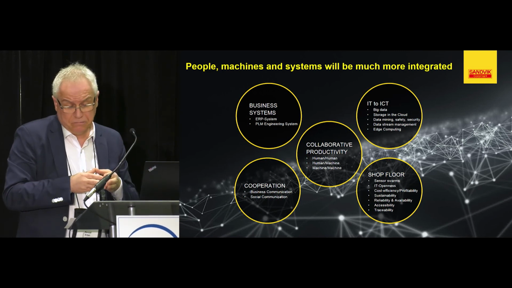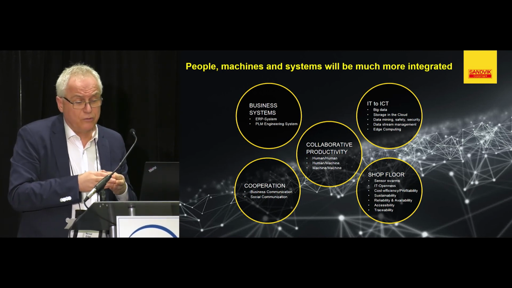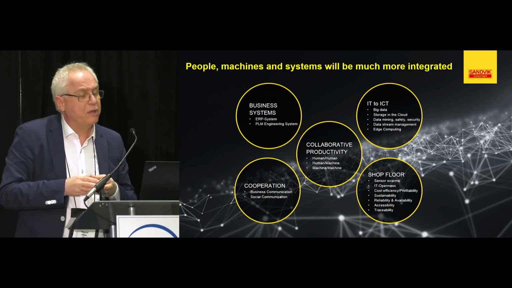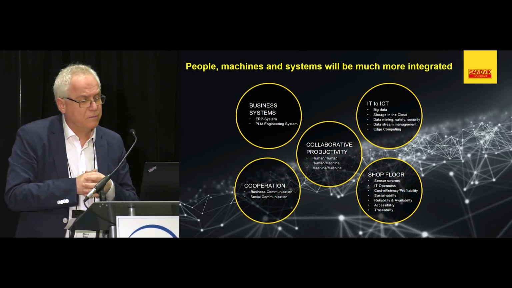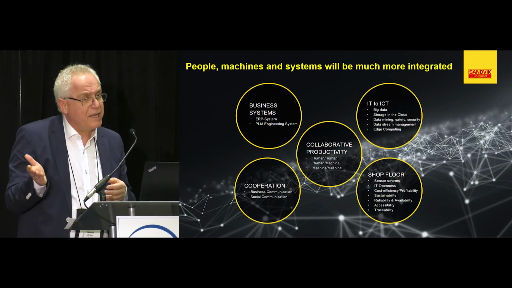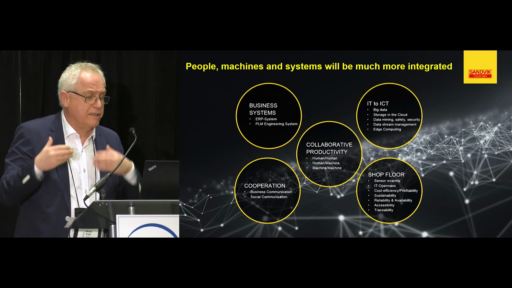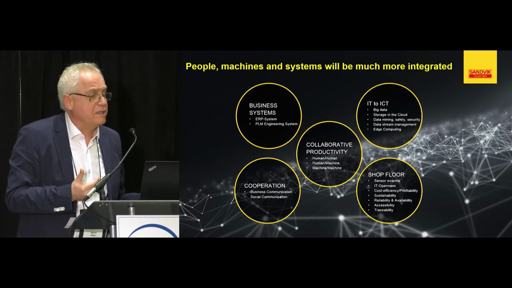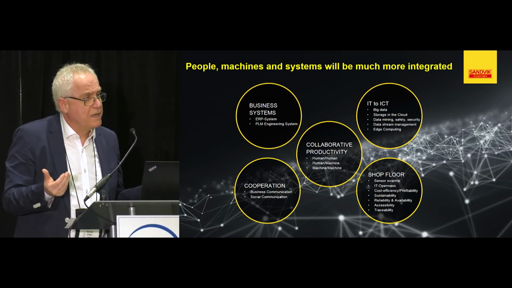Very in the beginning, I remember after the end of 2013, the same year, the management came back to us and said, we're looking for collaborative productivity. I need the right-hand side, which is IT, ICT, analytics and the shop floor connectivity. Don't forget about the left-hand side, which is the normal business processes.